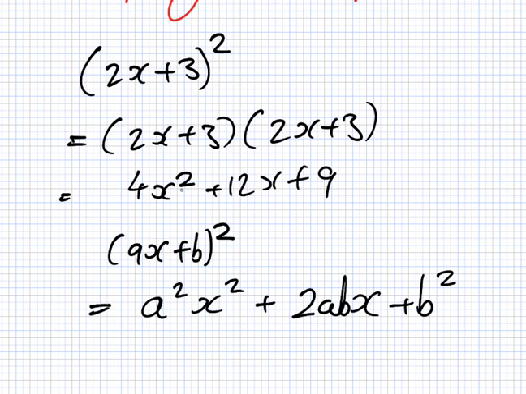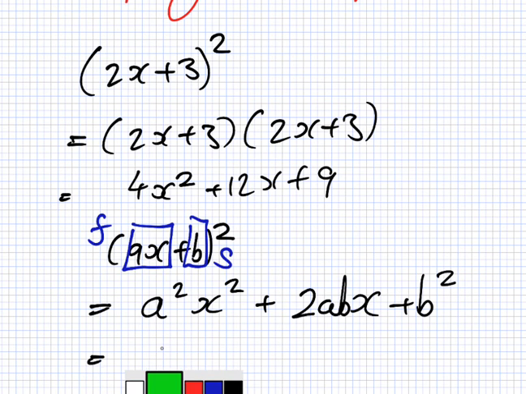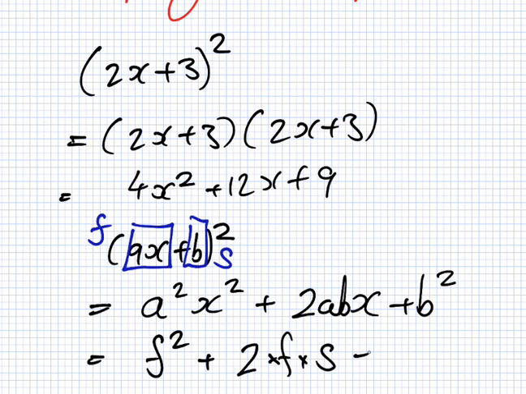Or, as my maths teacher and lots of maths teachers would say, if this is the first and this is the second, this is equal to the first squared plus twice the first by the second plus the second squared.